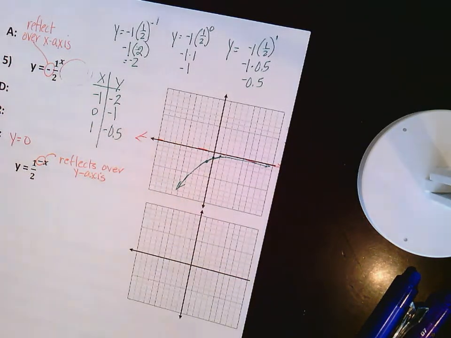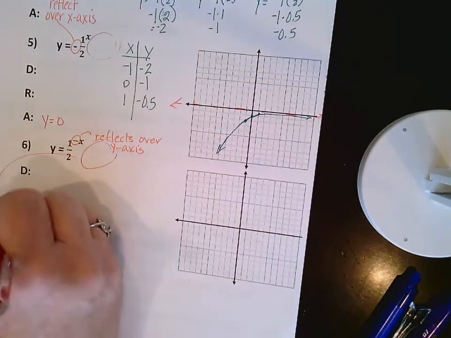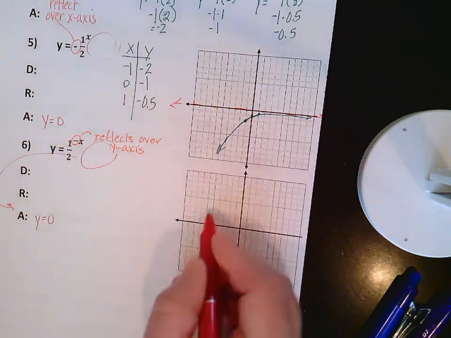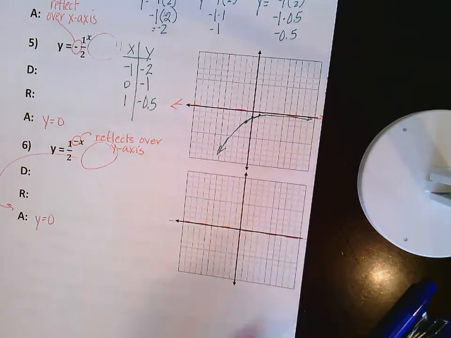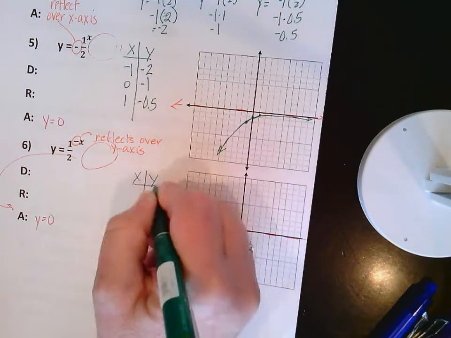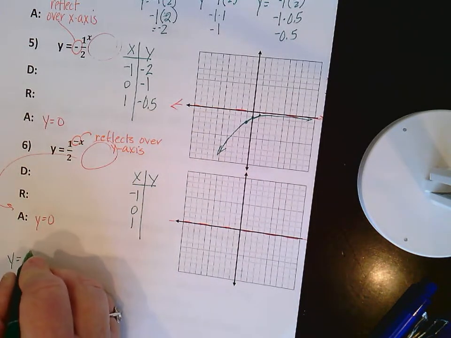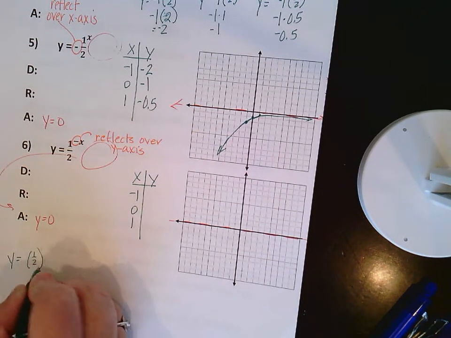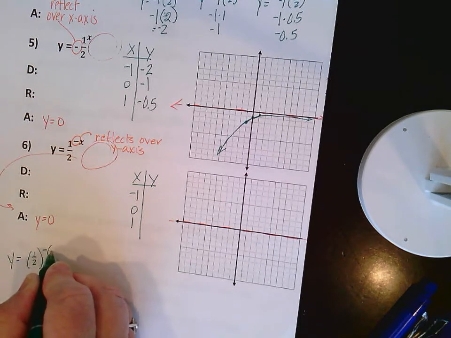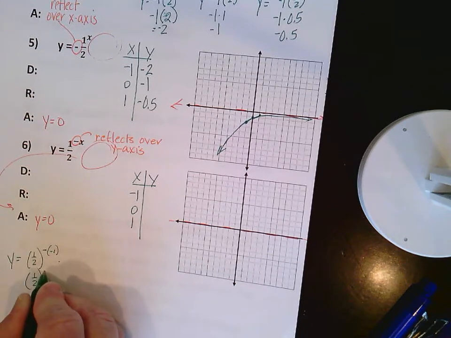Okay. Again, I don't have a k, so my asymptote is going to be y equals 0. Got my table, and I'm going to use -1, 0, and 1. So y equals 1/2 to the opposite of -1, which is going to be 1/2 to the positive 1, so that's 0.5.